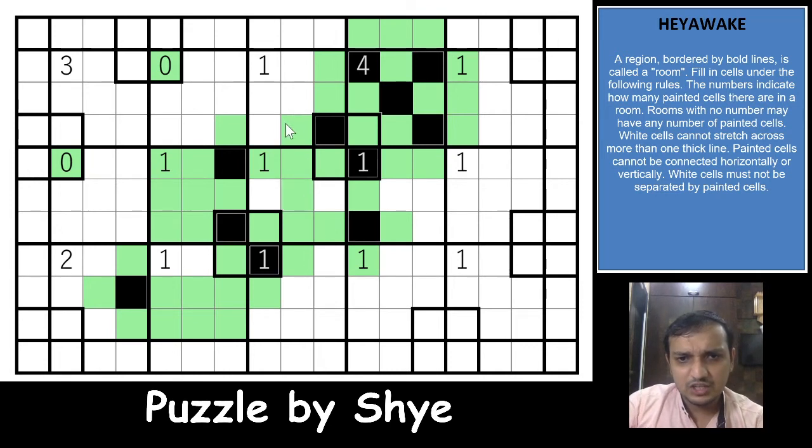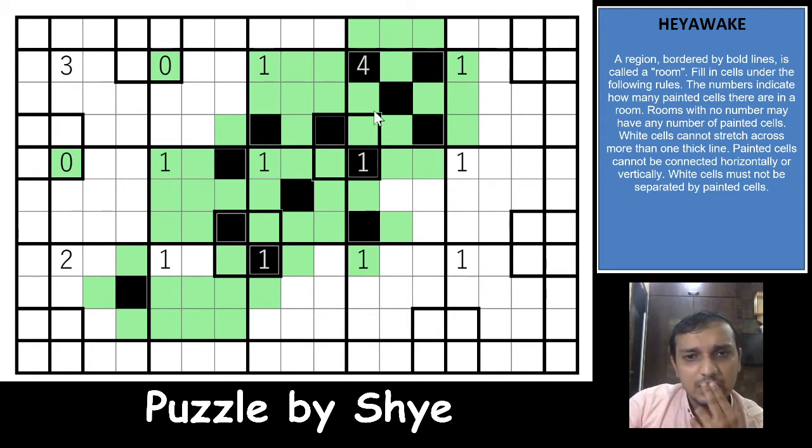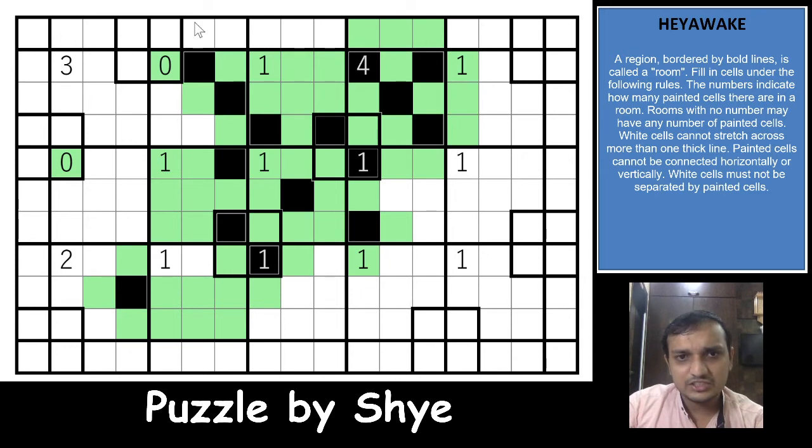If I unshade this cell, you'll have a stretch of white cells crossing more than 1 thick line, so this will be shaded here, and which means that now this will be shaded again for the column here. Same thick border logic, that means this will be shaded and all of these will be unshaded. Nice. And that again actually gives you this cell as shaded and this cell as shaded.